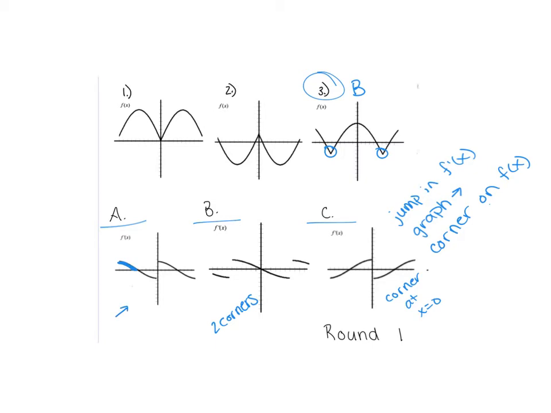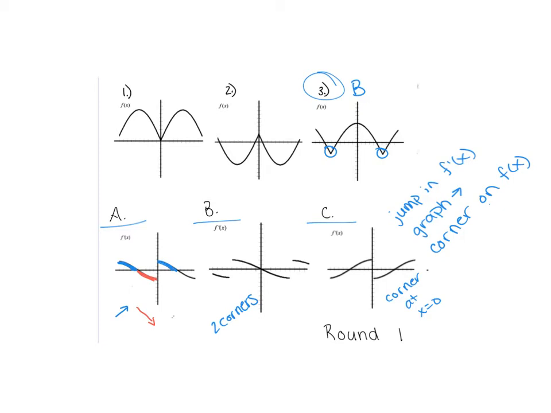The next section of the graph, this section here, is negative. If it's a negative section of the derivative, the original function must have been decreasing. So notice we don't know how high or how low it is. I just know that I'm increasing and then I'm decreasing. This next section of the graph, we're above the axis again, so it's positive.